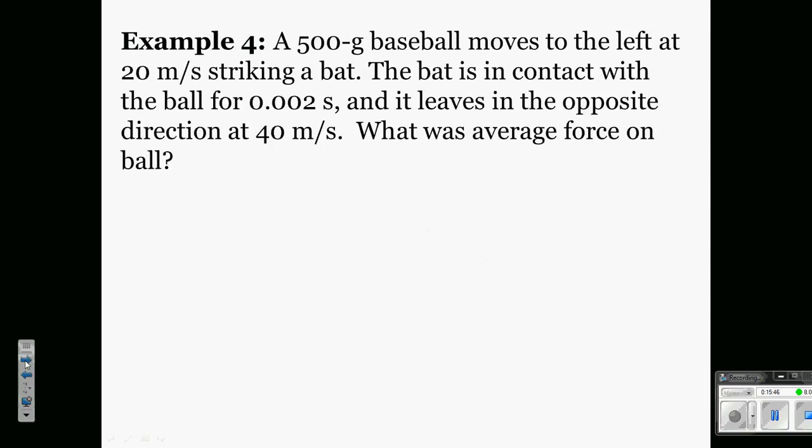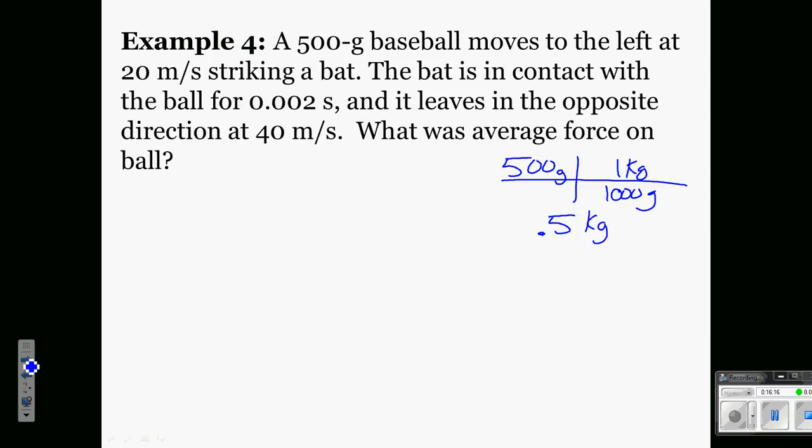So example 4, we have a 500-gram baseball. Well, what do we need to do with that grams? We need to convert it to kilograms. 1,000 grams equals 1 kilogram. That's how we do it. I didn't show you that little trick earlier, but that's how you do it. So that's 0.5 kilograms.